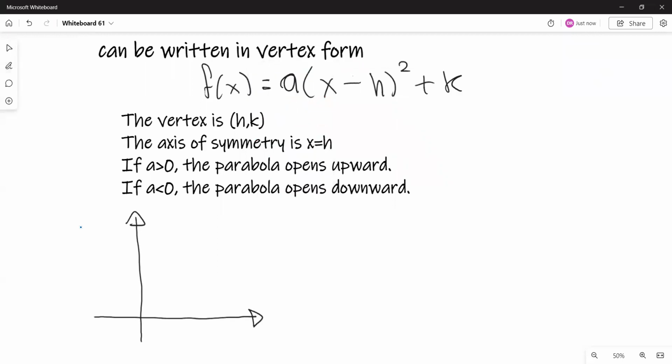Okay, first case is a parabola with vertex at (h, k) that opens upward. So that's the vertex. That's the case when the leading coefficient is positive.